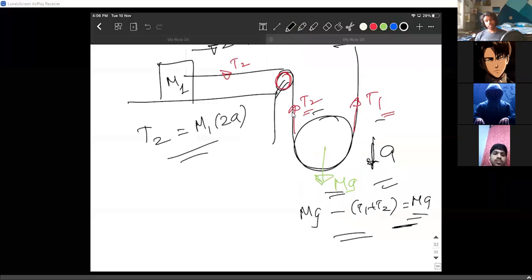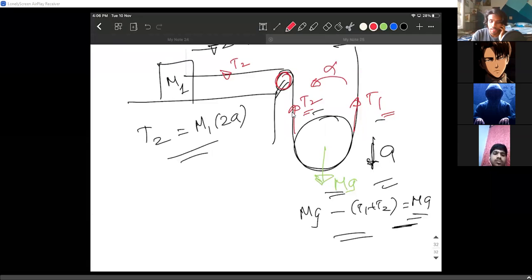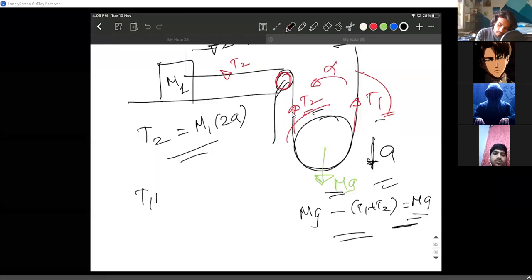Now the last equation, you have to write the torque equation also to get something out of it. We imagine it is rotating like this. So T1 is supporting, T2 is opposing the torque. I'm going to write the torque as T1 into R about the center of mass only.